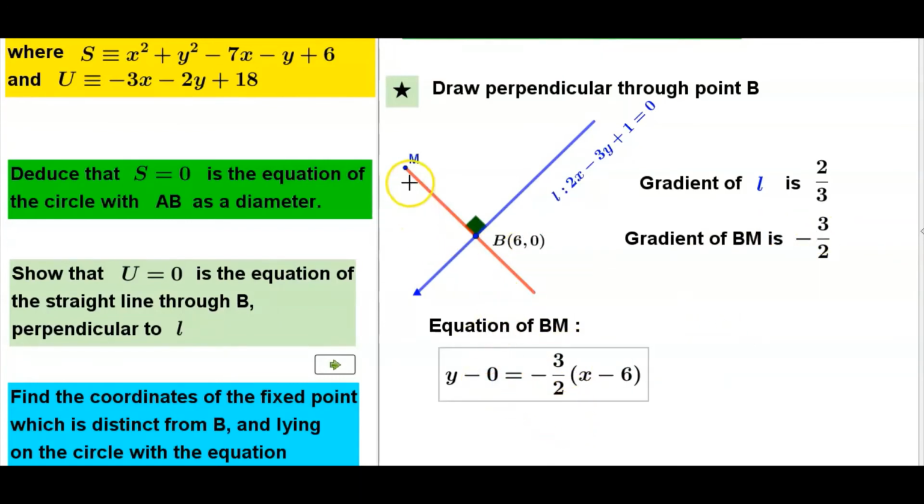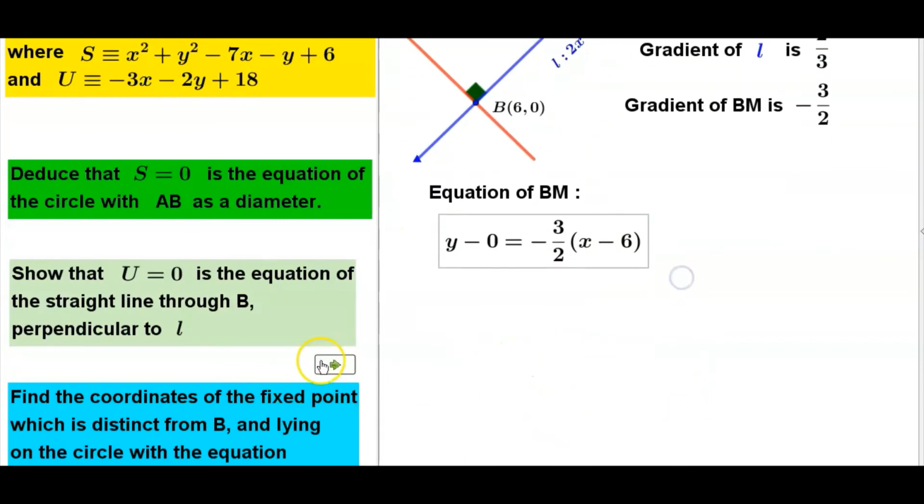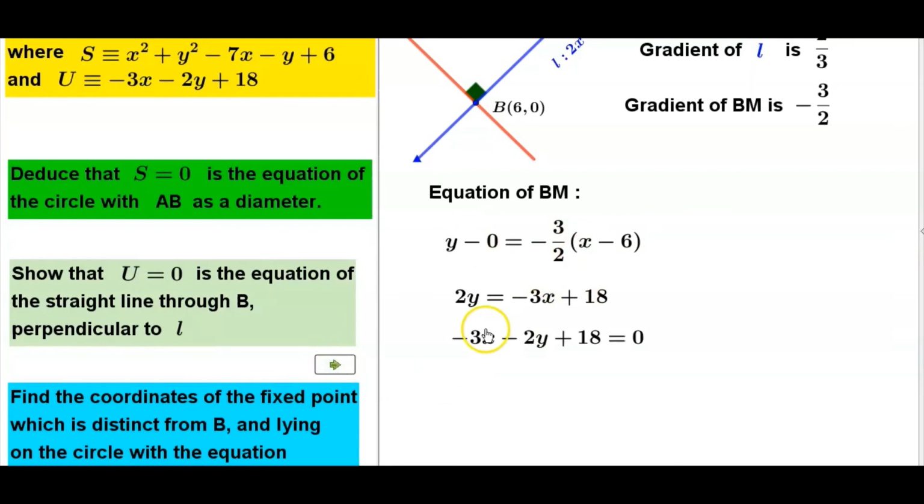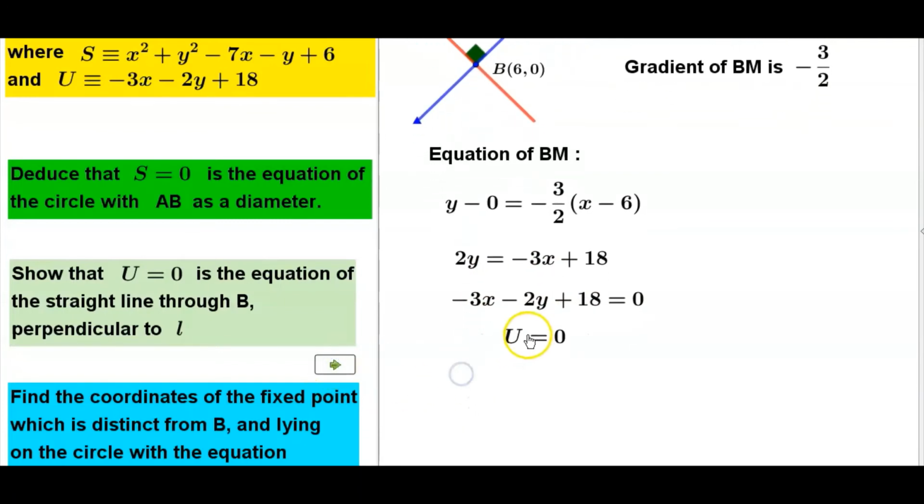When we simplify, 2y is equal to minus 3x plus 18, so minus 3x minus 2y plus 18 is equal to 0. Therefore, u is equal to 0.